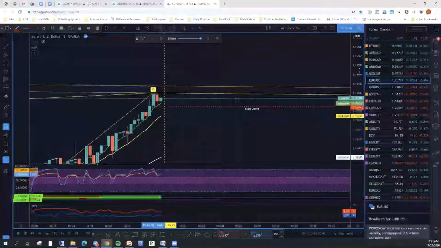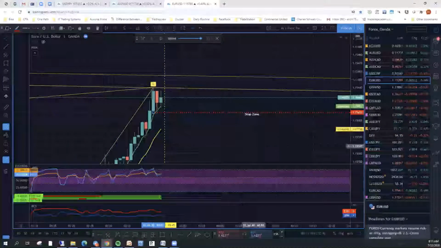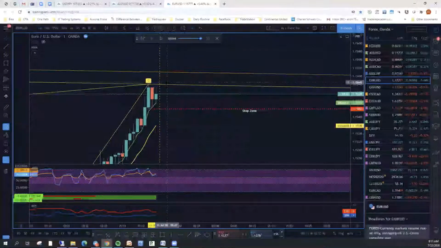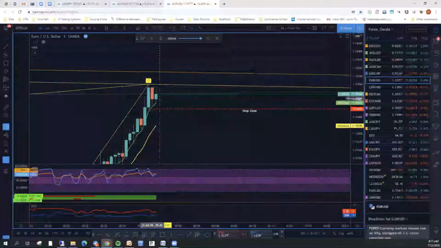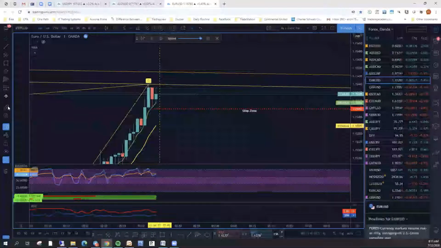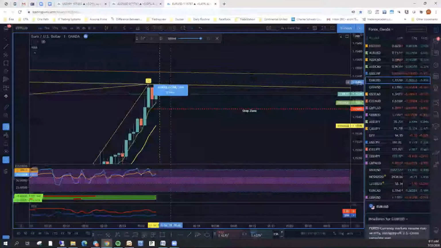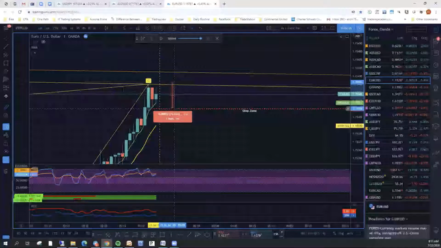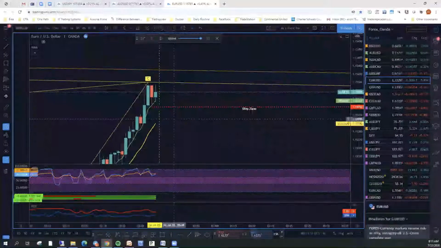Remember, we said, in spite of how we look at this, we still wanted a blue candle to close inside or above, break the wedge and close. So if it breaks and closes just barely, we're looking at a distance of roughly 3 pips. So that's a pretty tight stop.